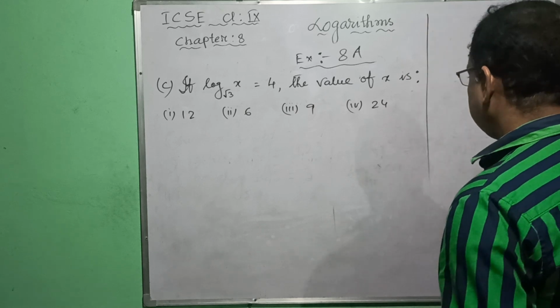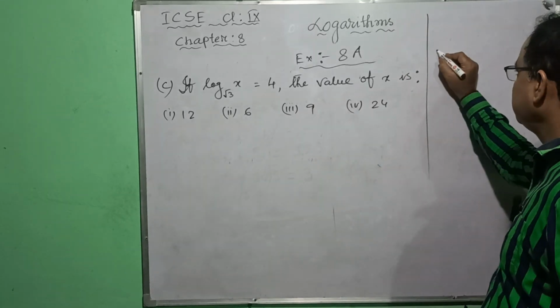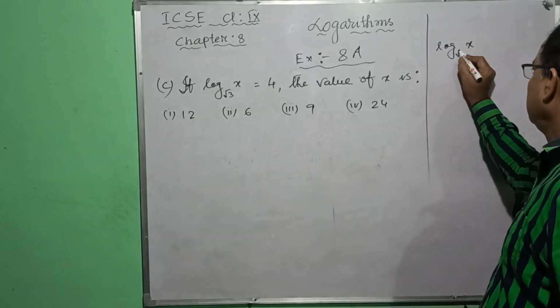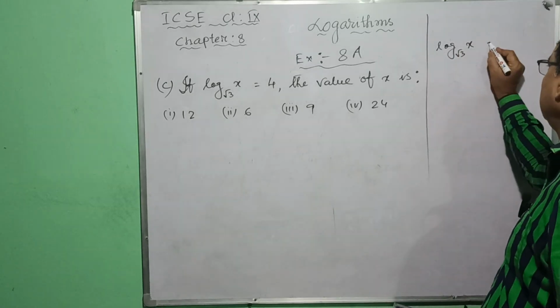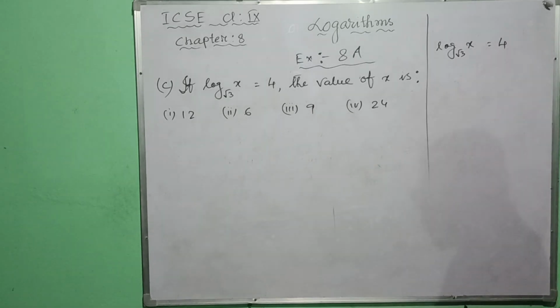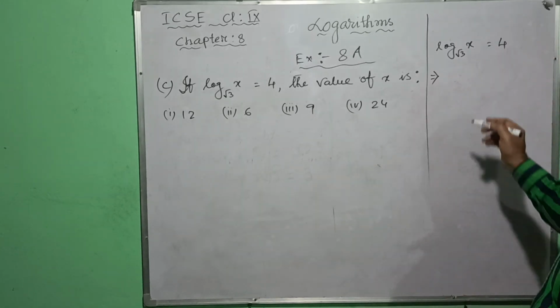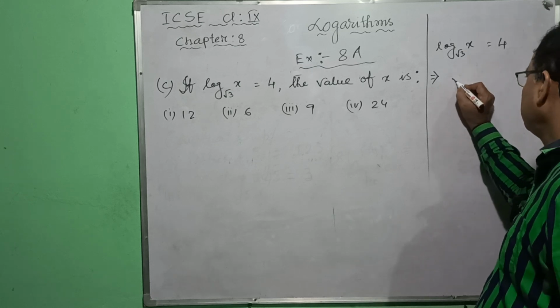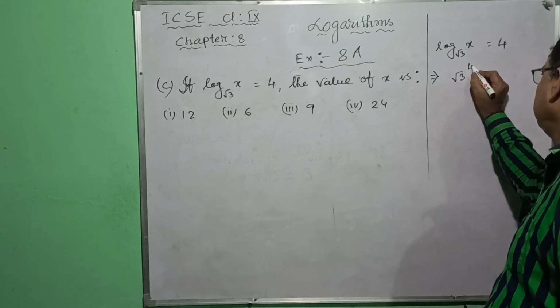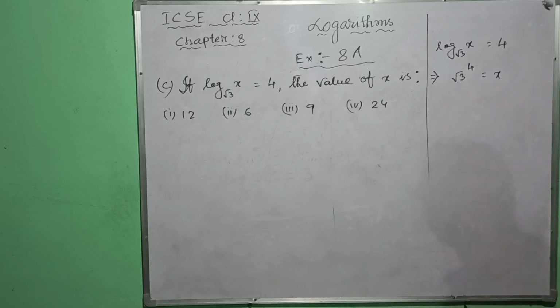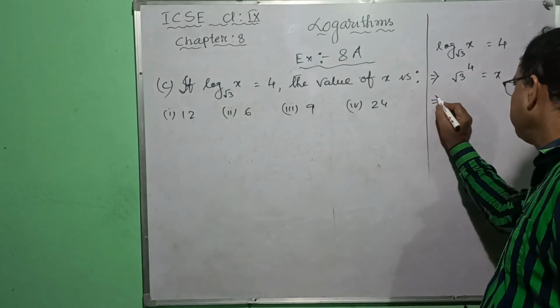From the condition, log x base root 3 equal to 4, we can write root 3 to the power 4 equal to x. This line is very important. You try to understand this line, then we can solve very easily.